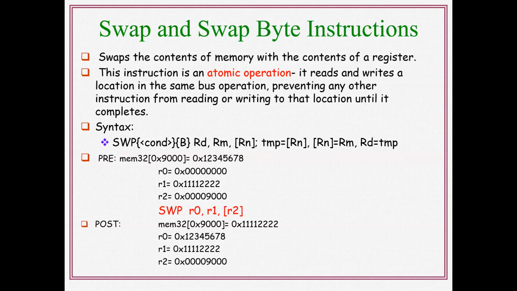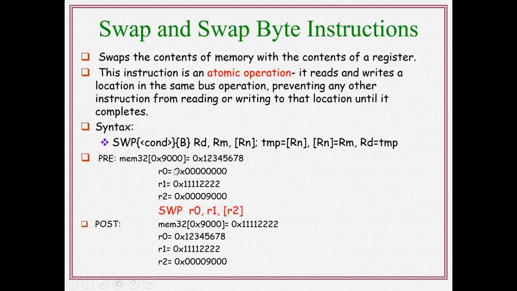It reads and writes a location in the same bus operation, preventing any other instruction from reading or writing to that location until it completes. So in the same bus cycle, it reads and writes.